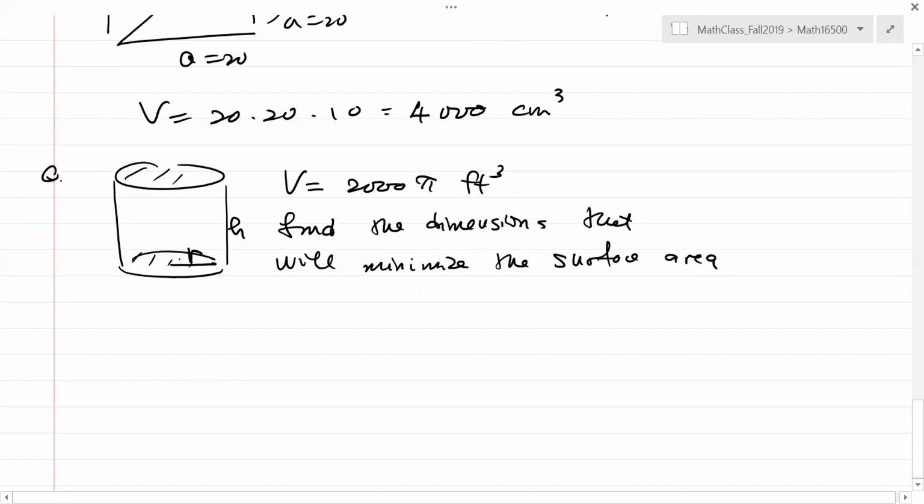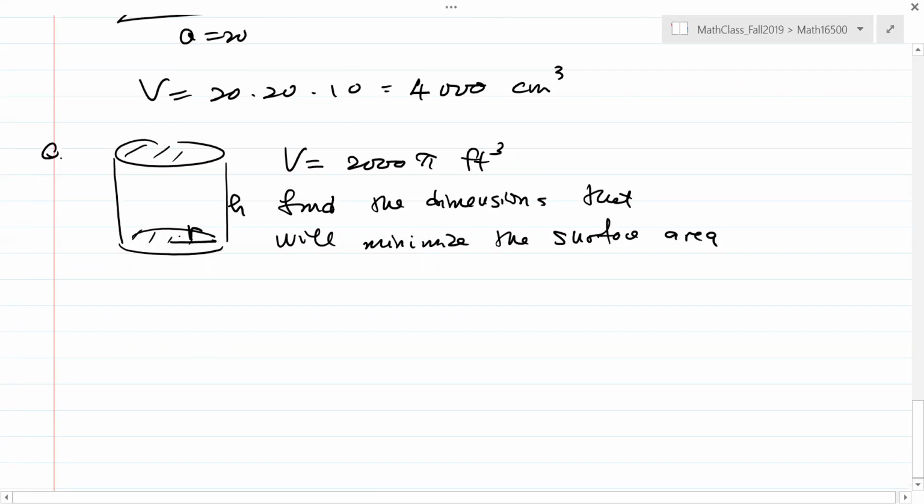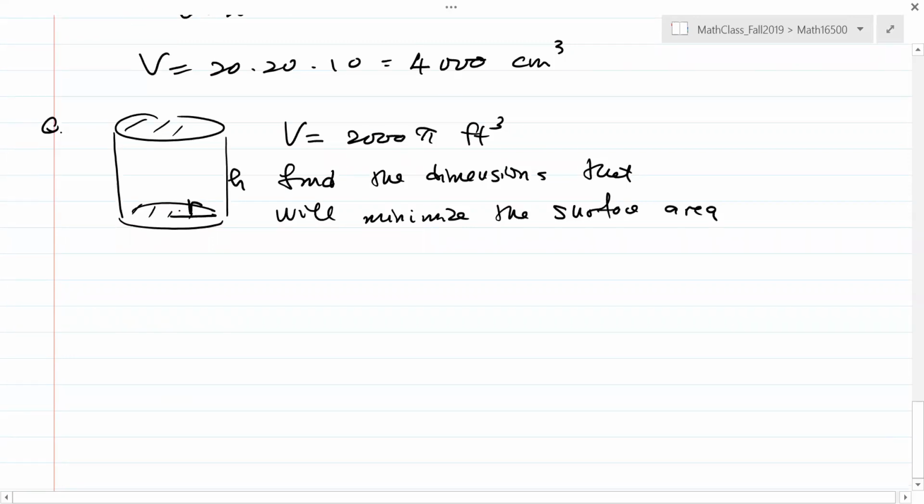Okay, please do it. Cylinder. You should know about the cylinder because there's a formula for it. You studied that in high school. Can you express the surface area in terms of r and H, or in terms of only one variable?